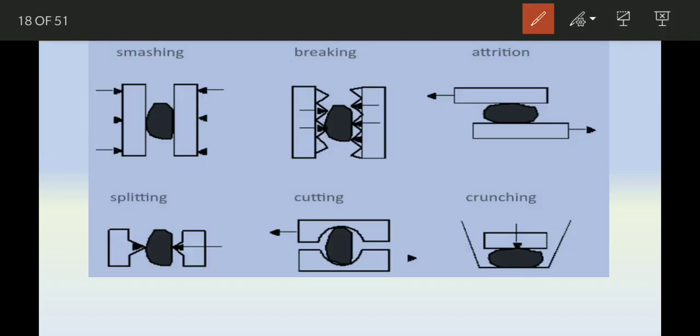So these are processes like smashing, when two surfaces move towards each other and smash a material, then attrition, then splitting of a material into two halves, then cutting with the help of a cutter, then crunching, a method used in pestle and mortar.